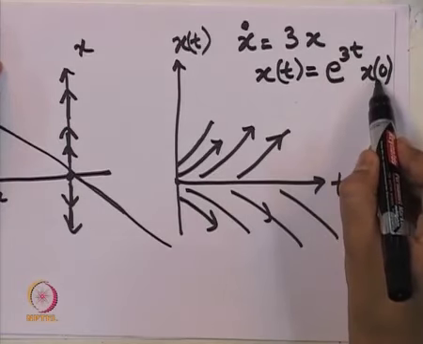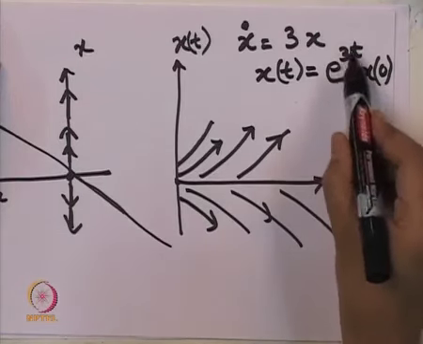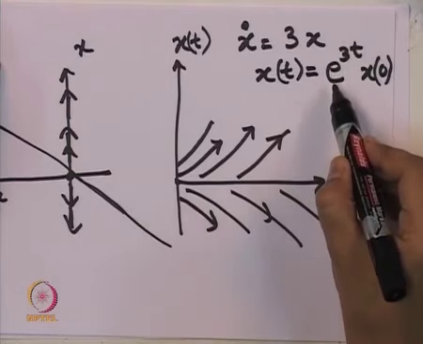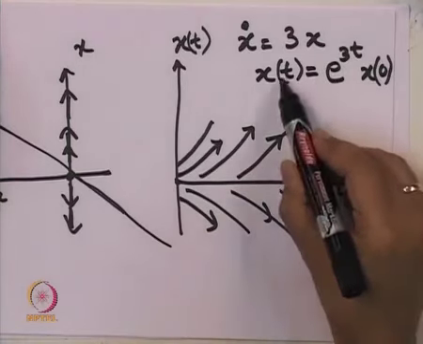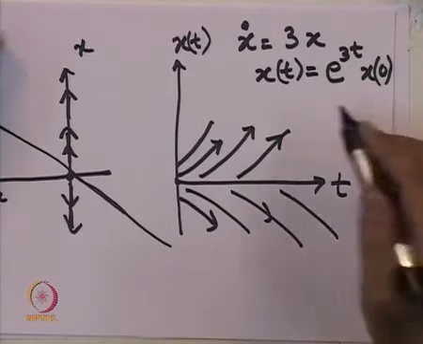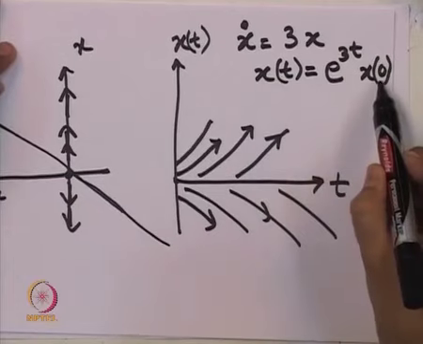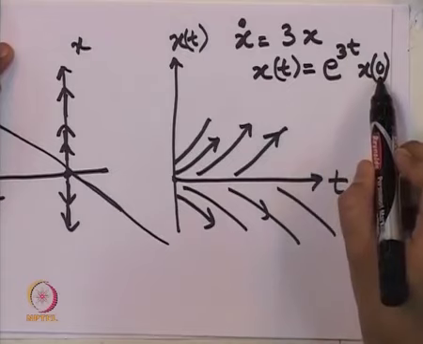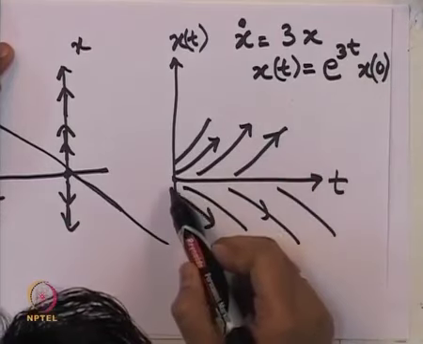So, if the initial condition is non-zero, then e to the power 3t becomes a very large number as t increases, and hence x of t is going to become unbounded. It will become positive and unbounded if x of 0 is positive. It will become negative and unbounded if the initial condition was negative, and that is indeed what we see.